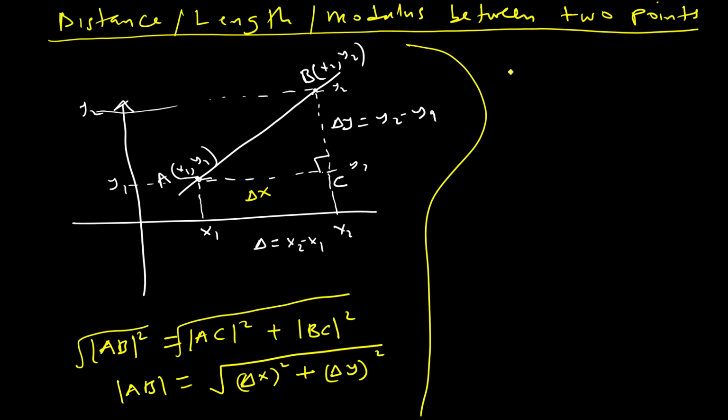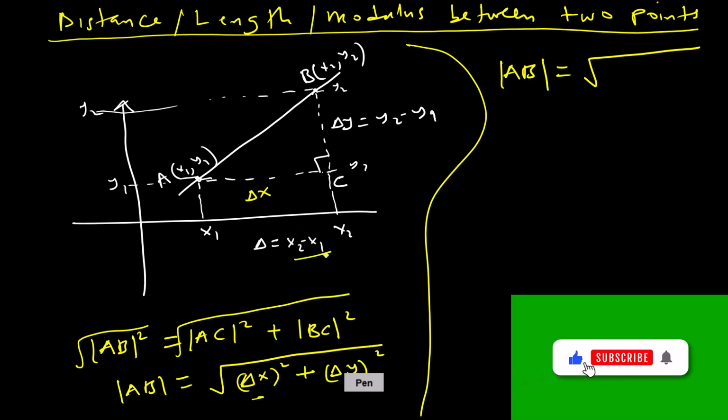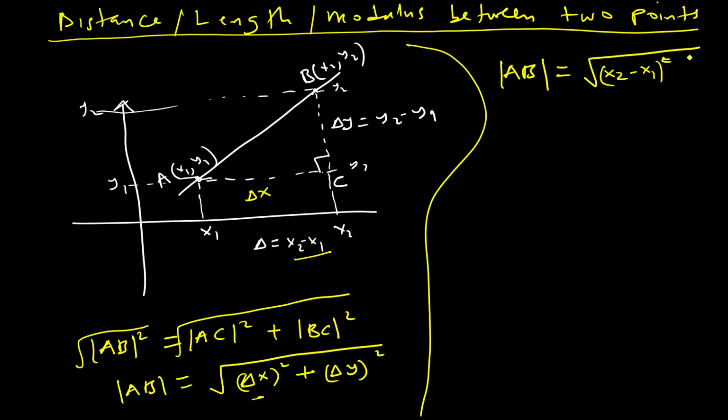So we have AB as a square root. Now what is the change in x? The difference in x values, so we have x2 minus x1 all squared, plus the change in y, y2 minus y1 all squared.